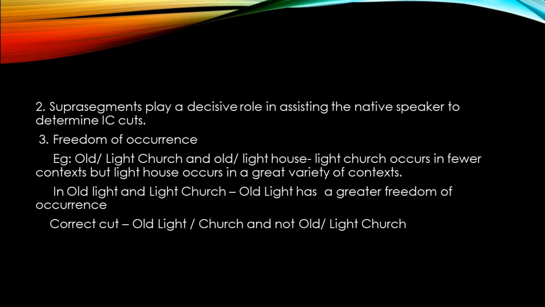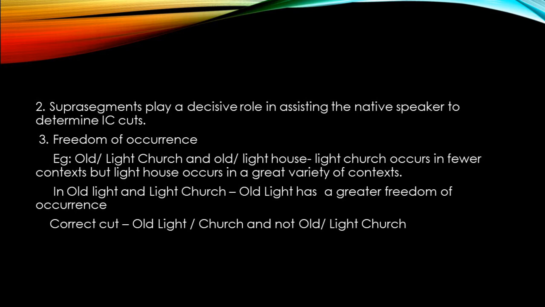Now, old lighthouse, okay, lighthouse, is something that you might have heard much more frequently than light church. But then, if you go by old lighthouse, then the cut should be after old for light church as well. So it will be old light church. Okay, the cut is after old.